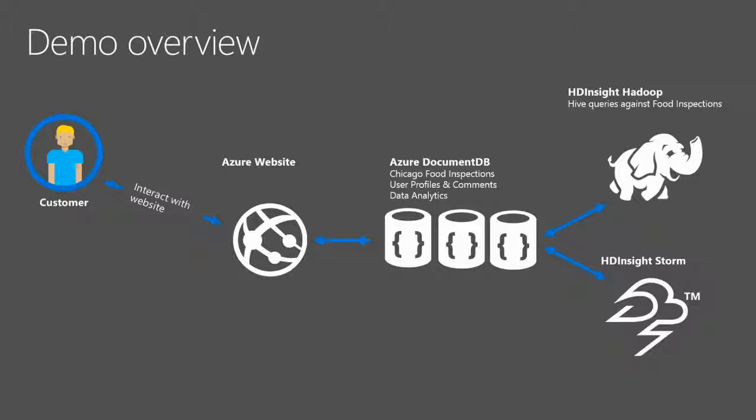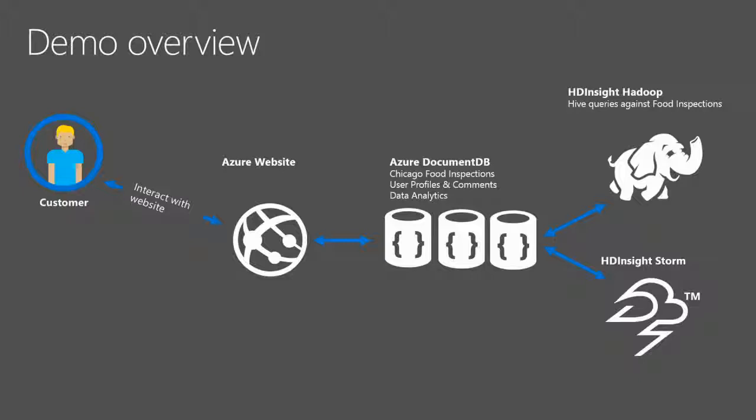So this is the last demo, the final demo, the one that I'm sure many of you came here to see. This is the last piece that came in. So we have the customer. He interacts with the website. The website can be stored in Azure website. You can publish it there. That talks to DocumentDB.